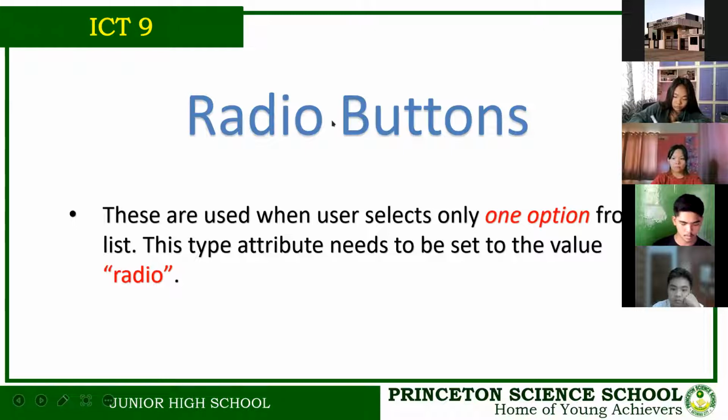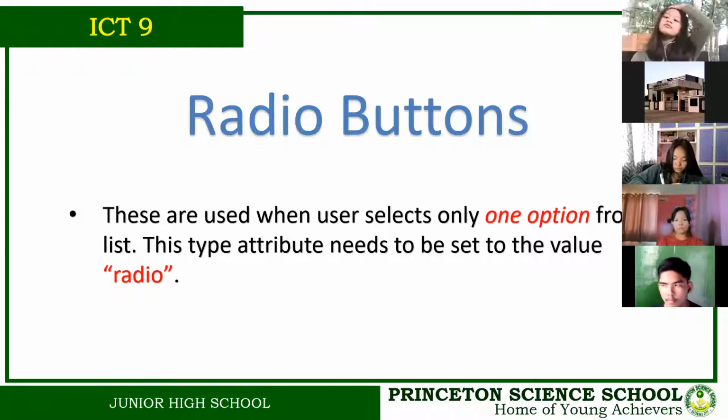Okay, so radio buttons, we are going to use this if there are options that require only one answer. So you can only select one of the options. So what good example is there for the radio buttons?